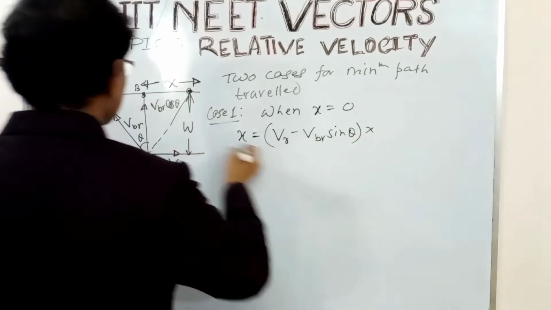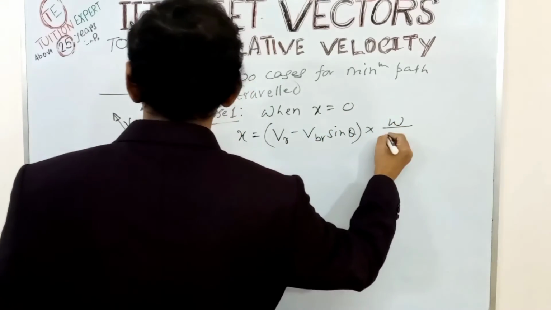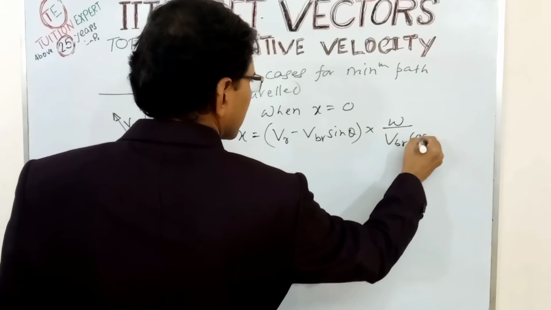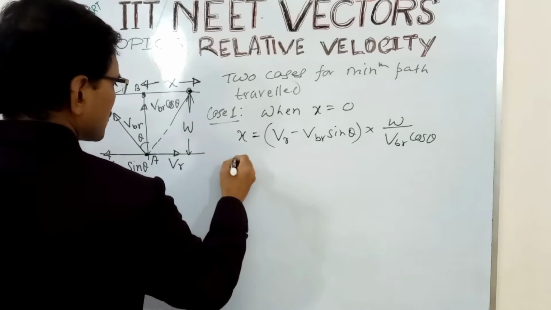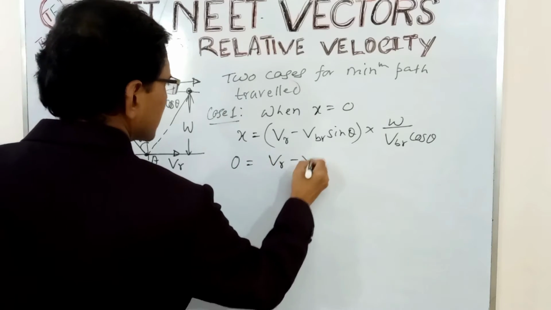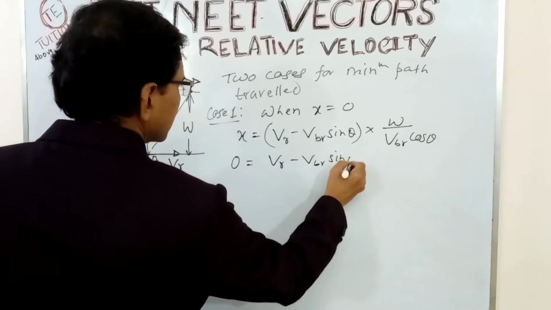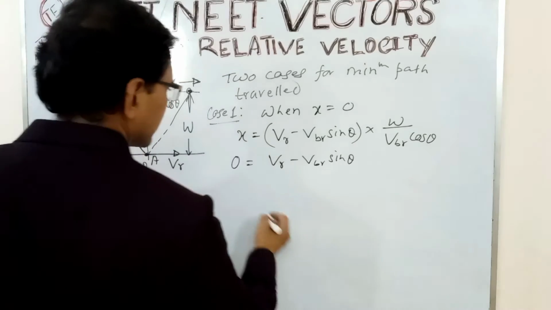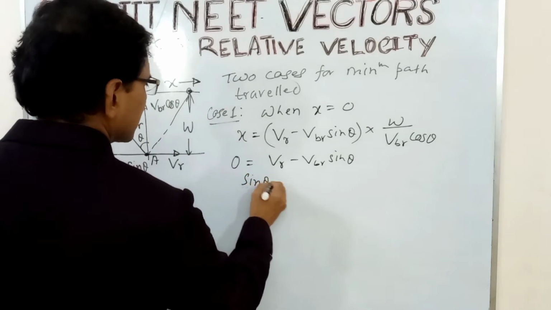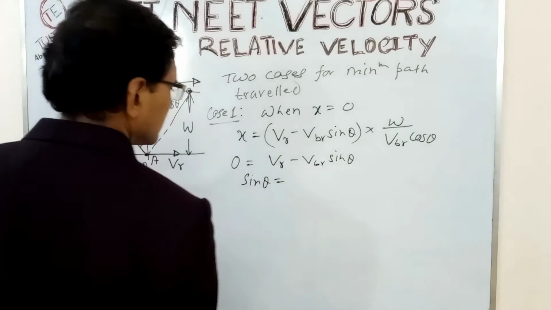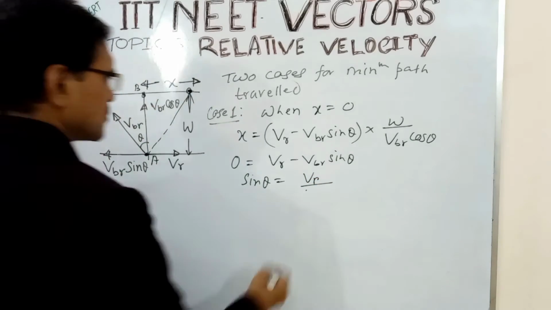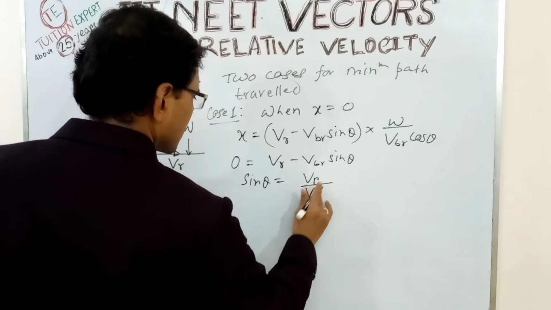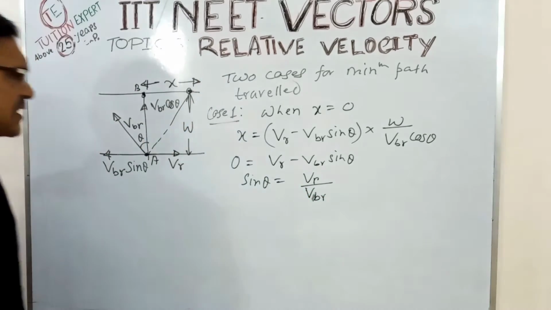Time is w by VBR cos theta. So if x equals 0, then VR minus VBR sin theta equals 0, so sin theta equals VR by VBR.